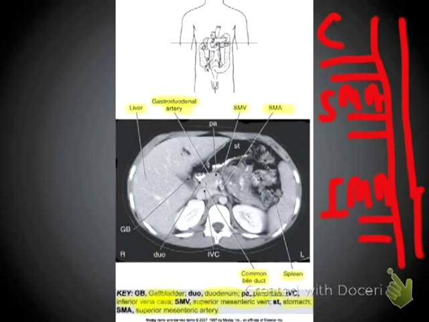We see that the celiac actually comes first, and then almost as soon as you get out of scanning the celiac, you run into the SMA. And then a little farther down around L3, you actually get the IMA. So usually the SMA is around L1.